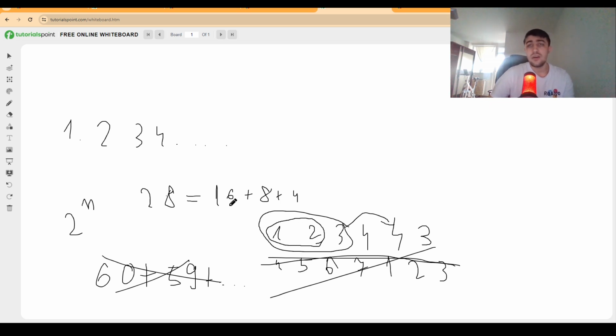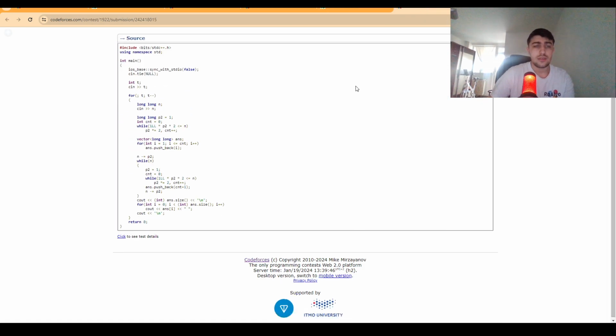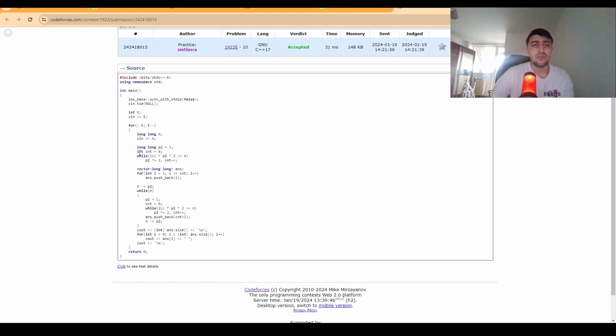This is the way you can get a very fast solution, and also something very easy to implement. I managed to implement it in less than 10 minutes when I first solved this problem, and also now when I submitted it. So let me show you the solution. I just found the greatest power of 2 up to n, and then I found the first part of the answer, only to then follow up with constructing the answer in reversed order.